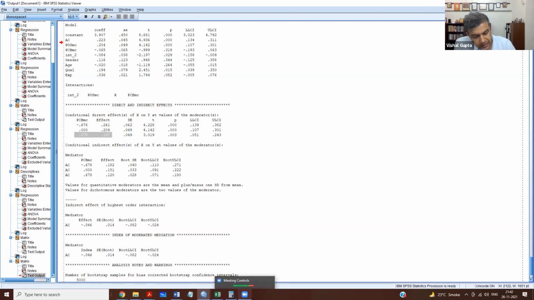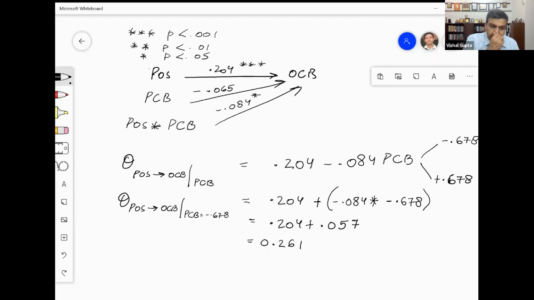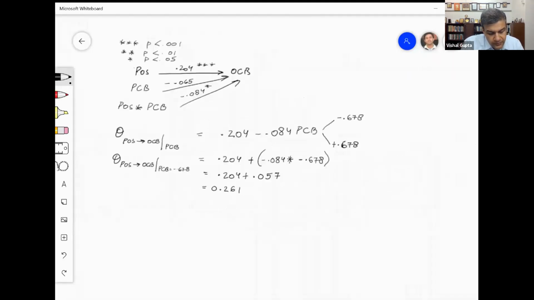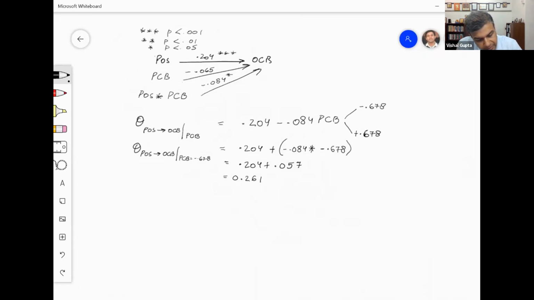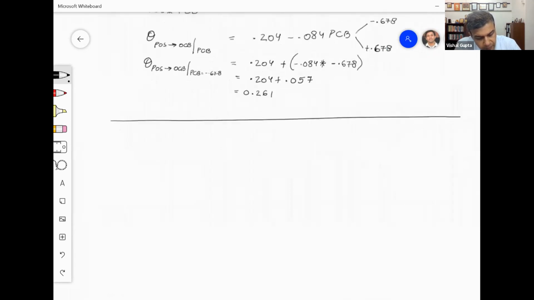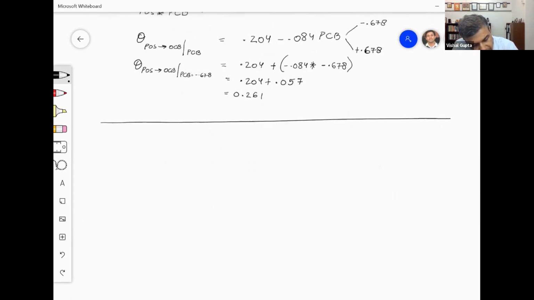So, I'm again coming to my whiteboard. Let us draw it and let us write down what is the conditional indirect effect now. Okay, so this was for the direct effect. Let us now draw a similar diagram, so you have POS to AC, right?